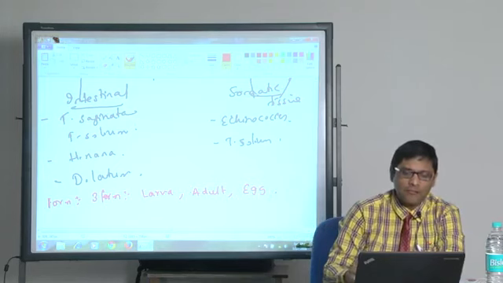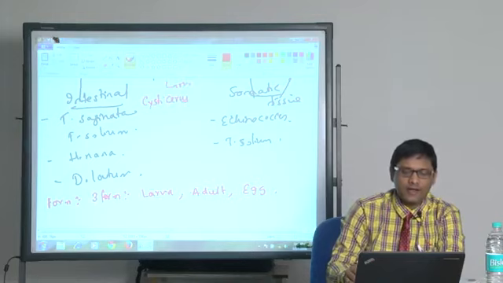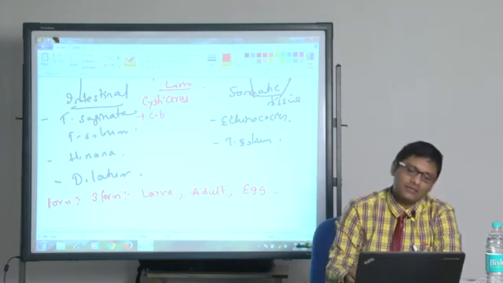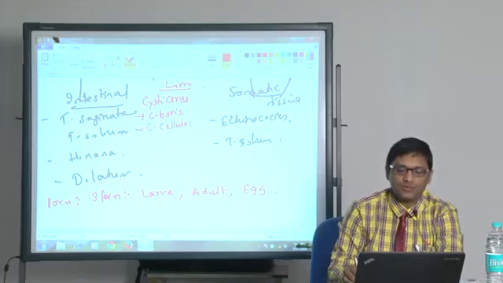For example, Taenia, the larva is called Cysticercus. Taenia saginata, it is Cysticercus bovis, whereas Taenia solium, it is Cysticercus cellulosae.